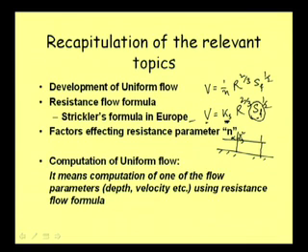Then here V2 square by twice g, and then it is Y2, this is Y1, then there may be some Z value, here it is Z1, Z2, like that. That means this point represents the total energy, written in the form of energy head, and the line joining these points of different energy levels at different points gives the slope as the energy slope or friction slope, which we write as Sf.